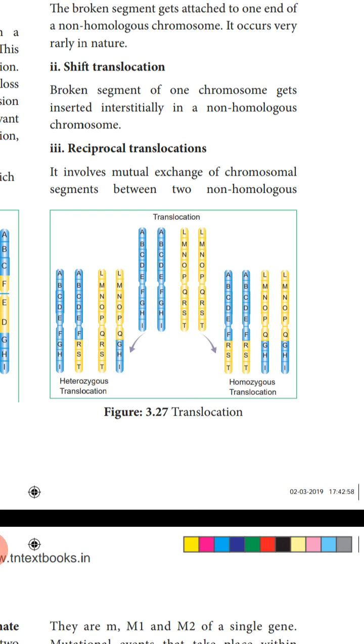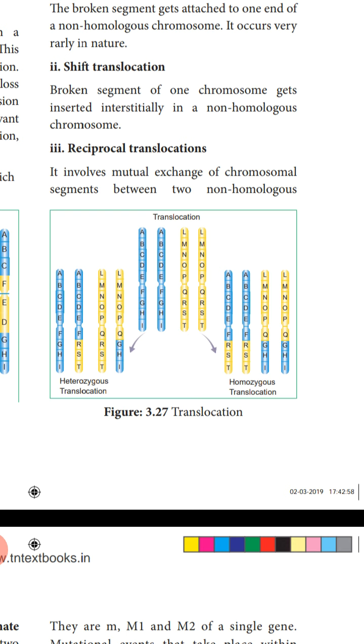Next, between the two non-homologous chromosomes, exchange is taking place in both chromatids. The two chromatids are exchanging chromosomal segments with the non-homologous chromosome. So the sequence becomes A B C D E F R S T, and this sequence is found in both the sister chromatids.